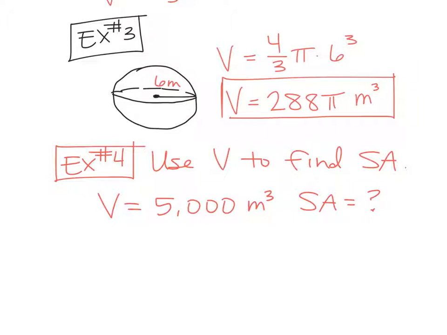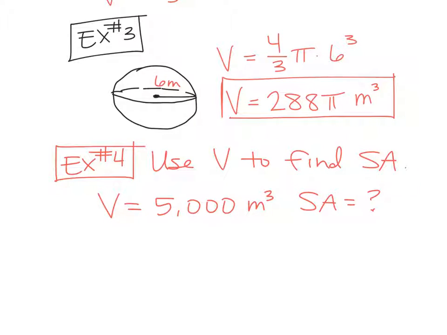We have to figure out, how do we get there? Volume formula is 4/3 pi r cubed. Surface area formula is 4 pi r squared. What do they have in common? There's pi r, one's squared, one's cubed.